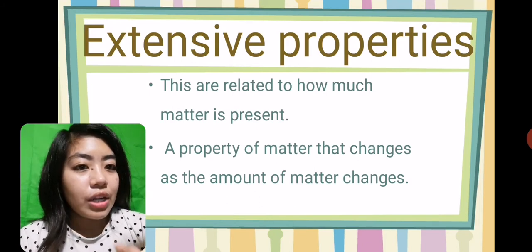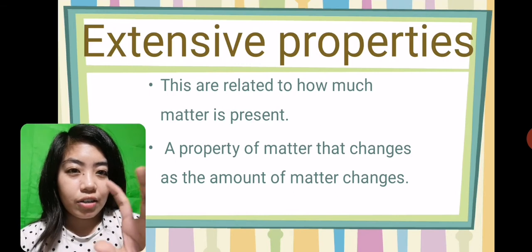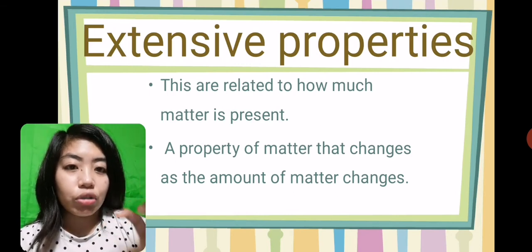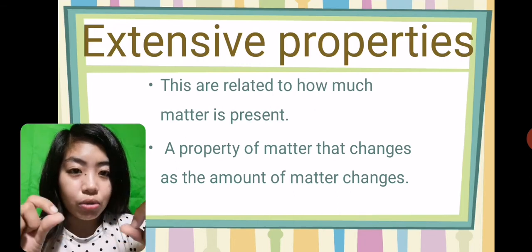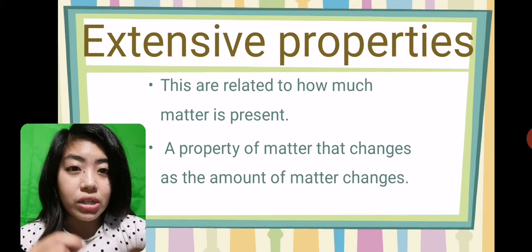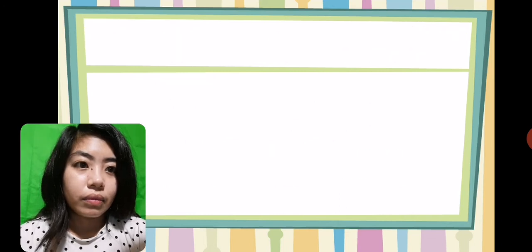So, syempre, for example, you're going to change yung shape. So, maaapektuhan din nun yung amount of matter na present. Kunyari, from square, gagawin mo siyang circle. Kunyari, may tatabasin ka doon. Ibig sabihin, mababawasan yung matter na present doon sa isang object.